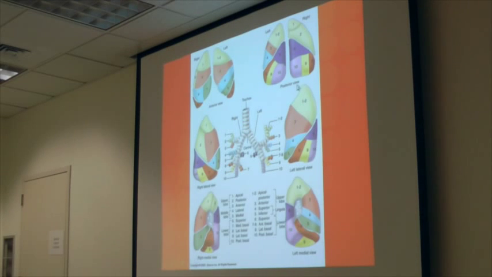This posterior view shows that, where you've got the lower lobes occupying most of the back. And then the upper lobes, of course, are above the scapula. So what if you were to listen to the right upper lobe? Where do you think you would listen?